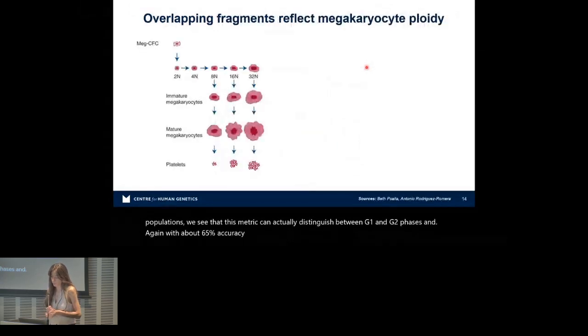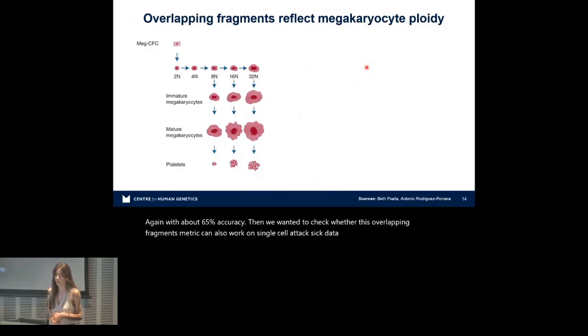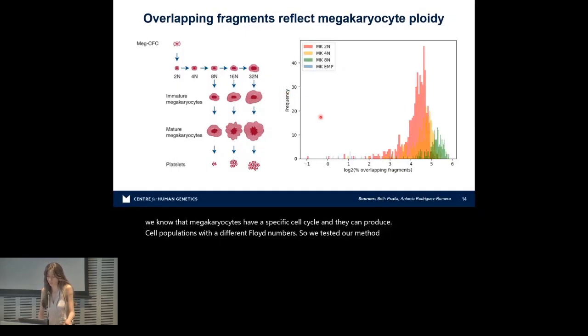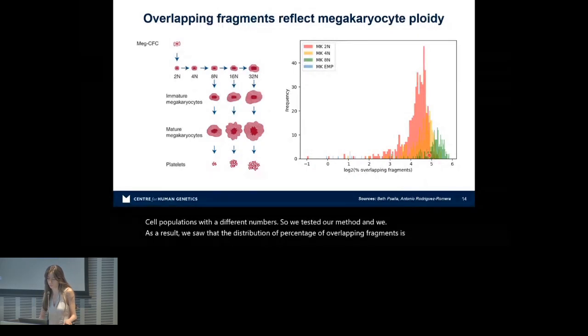Then we wanted to check whether this overlapping fragments metric can also work on single-cell ATAC-seq data from megakaryocytes, as we know that megakaryocytes have a specific cell cycle and can produce cell populations with different ploidy numbers. We tested our method, and we saw that the distribution of the percentage of overlapping fragments is quite different between the different ploidy groups of megakaryocytes.